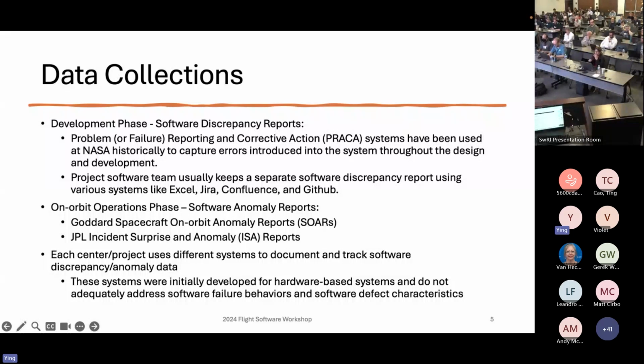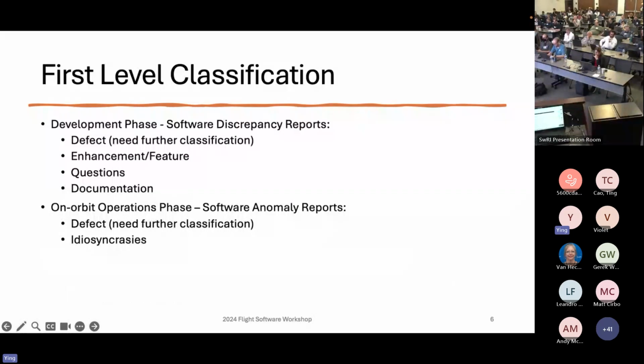Or we could have enhancement features, which are not really defects but new features to be added to the next build. Or there are questions about some unknown behaviors we don't understand, and it could be as simple as cosmetic issues like documentation errors. And for the operational anomaly report, there could be real failures or some unknown but benign behavior, sometimes called idiosyncrasies.